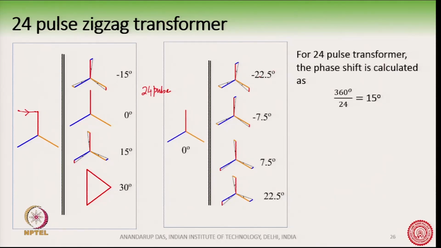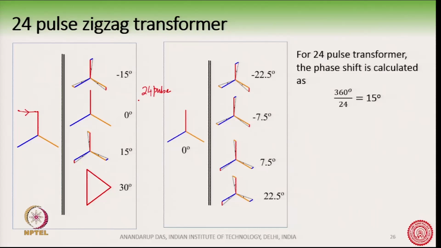Note that the difference is 15 degree between these outputs. But this arrangement is more symmetric as compared to this. This is more symmetric. So, the stress on the transformer for a more symmetric arrangement is less.